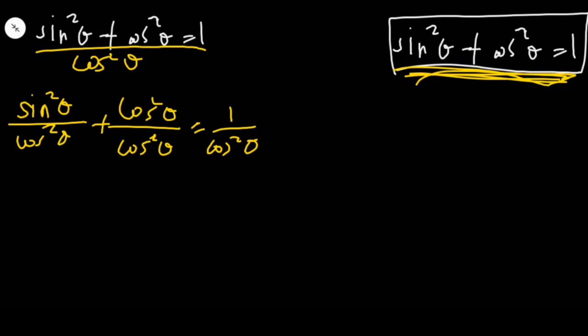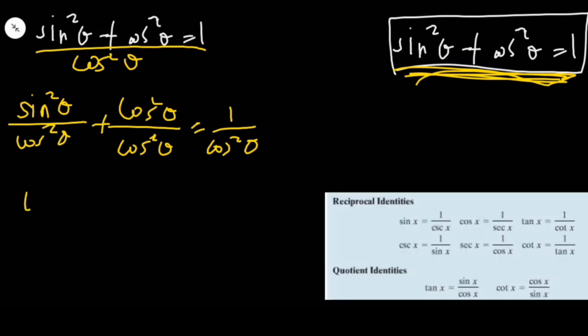So, in the quotient identity, sine squared theta over cosine squared theta is tangent squared theta, plus cosine squared theta over cosine squared theta is equal to 1, equals 1 over cosine squared theta, which is the reciprocal, secant squared theta.